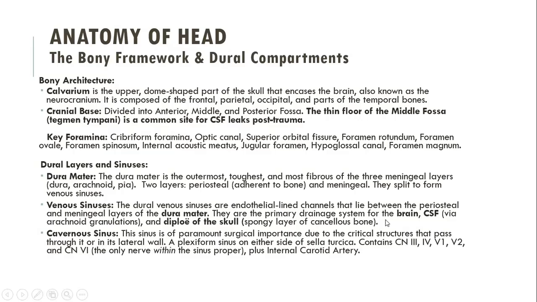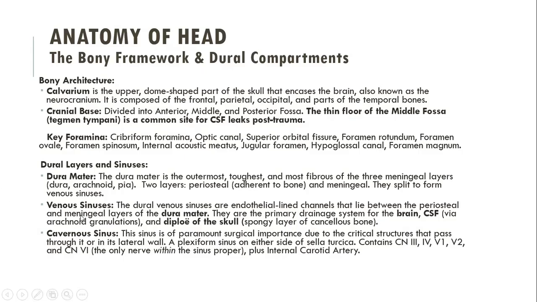CSF also drains via arachnoid granulations, because CSF comes into the venous sinuses via arachnoid granulations, and they also drain the diploe of the skull, that is the spongy layer of cancellous bone.